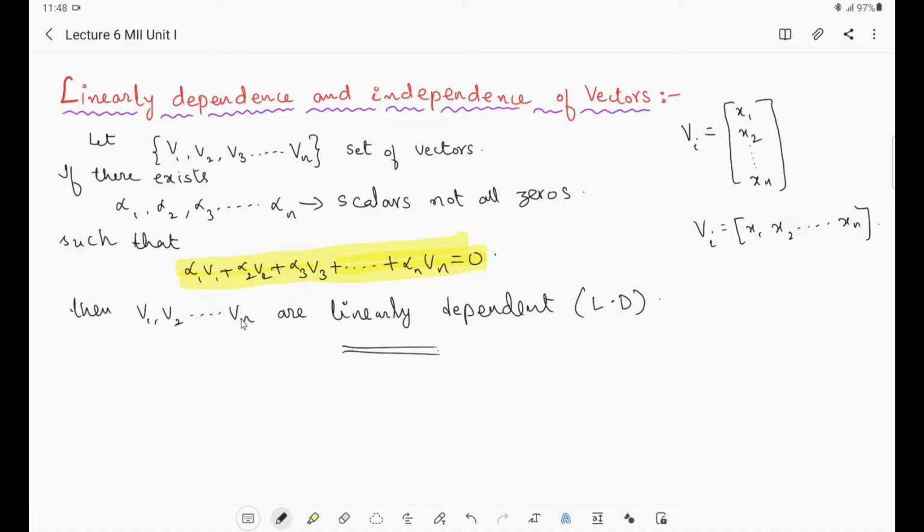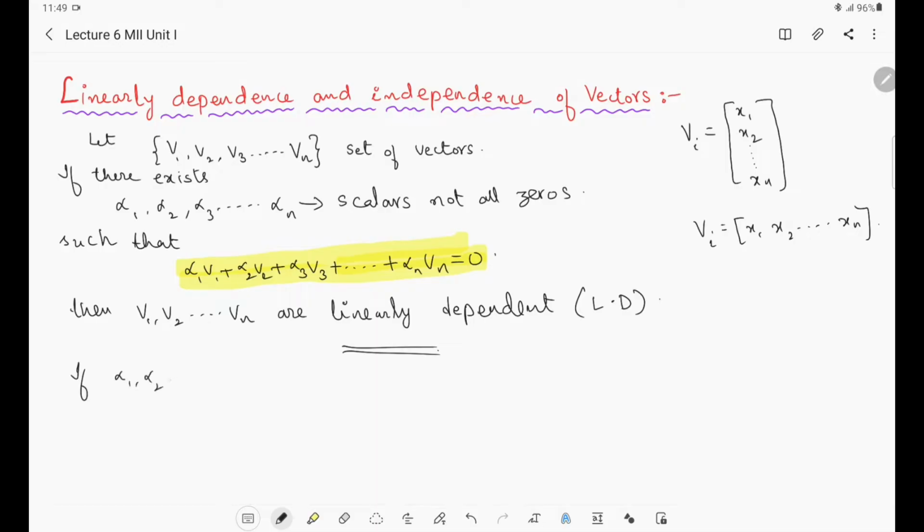When can we say that vectors are linearly independent? Suppose I want to write alpha 1 v1 plus alpha 2 v2 plus alpha 3 v3 and so on alpha n vn equals 0, and I am not able to find any non-zero scalars. That is, alpha 1, alpha 2, alpha 3 and alpha n must all be 0.